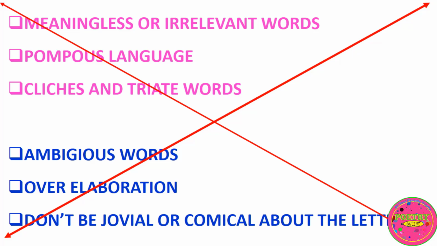Furthermore, avoid the use of ambiguous words. The words that you use in your essay must have only one meaning, or the context in which you use them must explain their meaning. Don't use words that have more than one meaning.